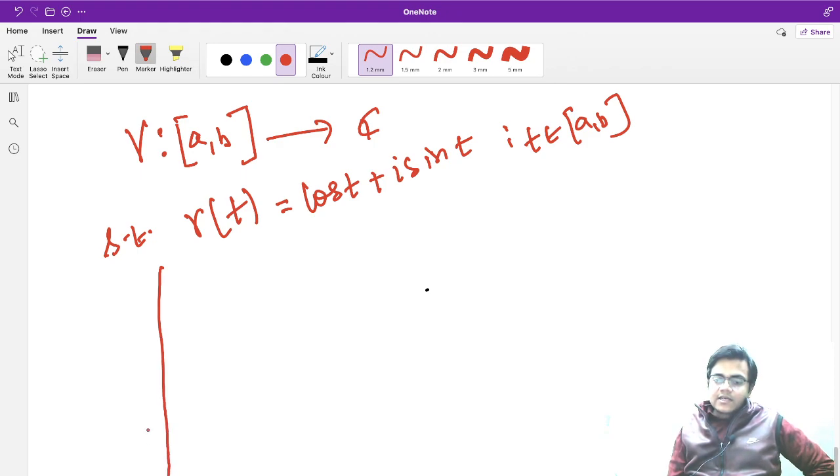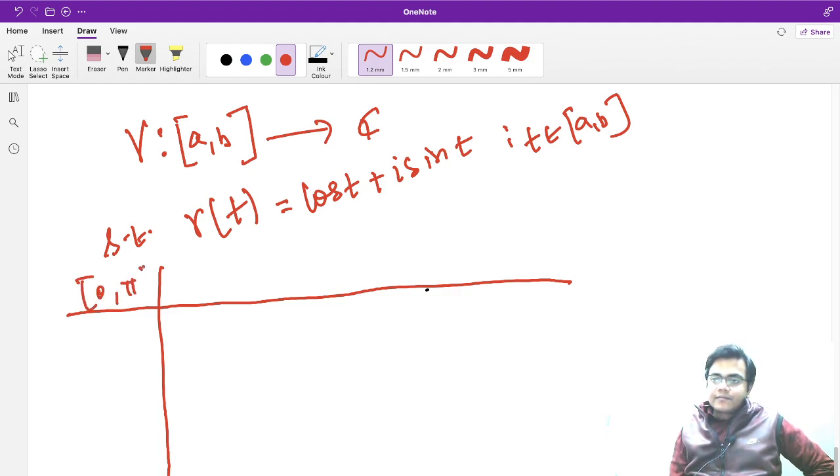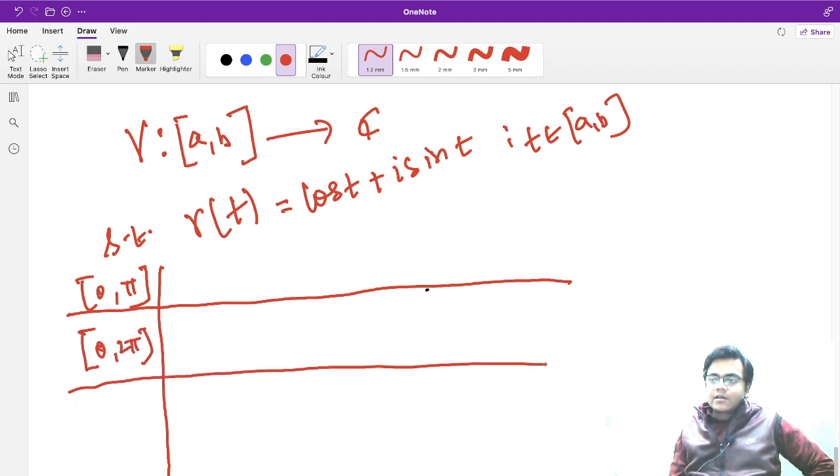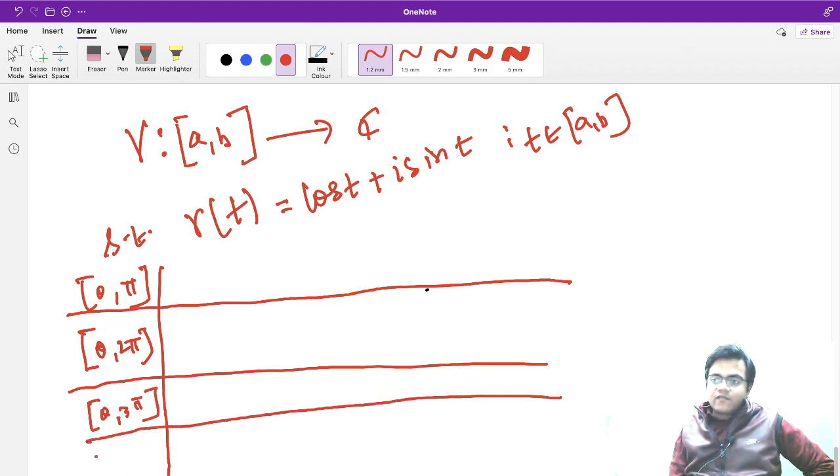I am going to take the interval 0 to pi for this curve. Then we'll discuss 0 to 2 pi, then 0 to 3 pi, and then the interval 0 to 4 pi. The curve is the same but in different intervals.